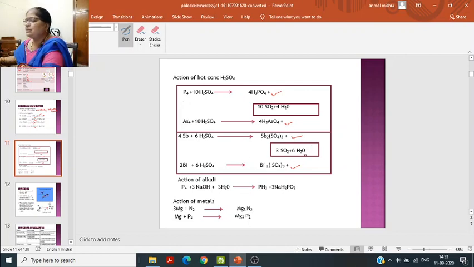We have written these in brackets, meaning these two products are common in all four reactions.